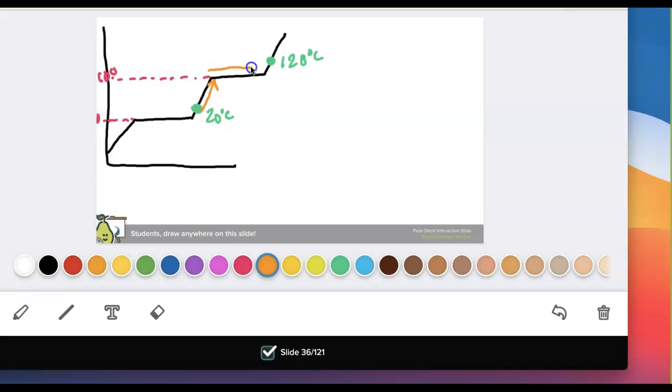And then I get over here and I hit another intersection and I have to stop my arrow there. And then I finally got to my final destination. It's like a road trip. At each point you have to stop. So the bummer part is when there's 3 arrows, there's 3 equations. There's the equation for this line, there's the equation for this line, and there's the equation for this line.